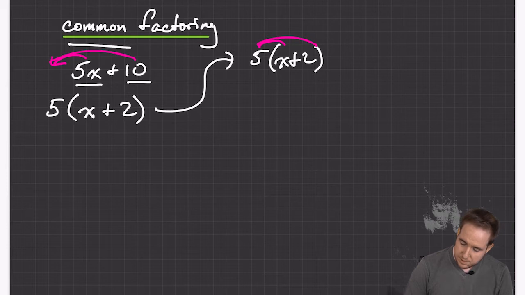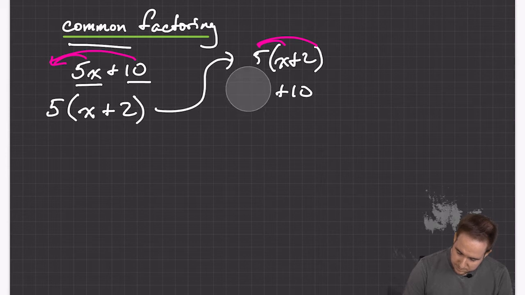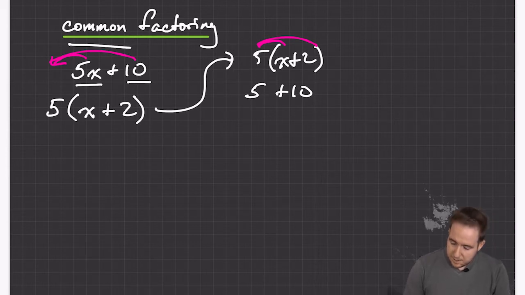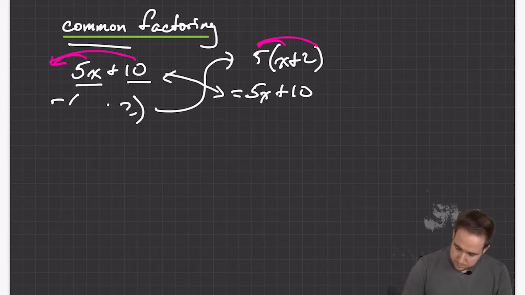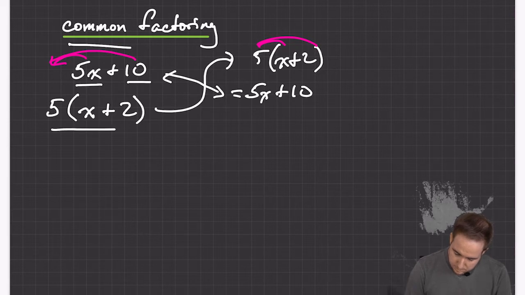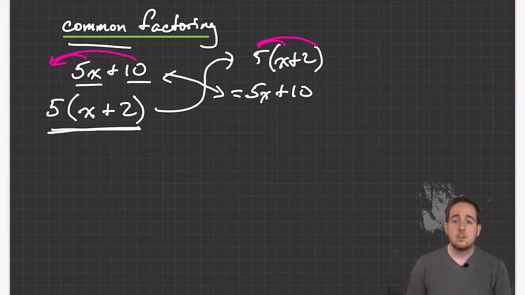They would do this, they would do that, they would get 5x plus 10, sorry, that 5's looking like a 6 for a second. They would get 5x plus 10, and that is the same as that. So this answer is going to be right.